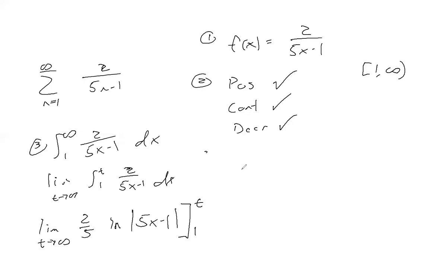Okay, so let's see. When I plug in t, let's plug in our bounds. I get 2/5 ln of 5t minus 1.